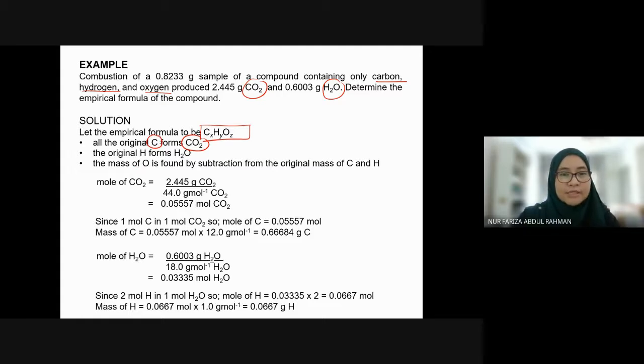The carbon can be extracted out from CO2, hydrogen can be extracted out from H2O. And then later on oxygen, we can just subtract the mass of carbon and hydrogen that we have determined earlier from the original compound.